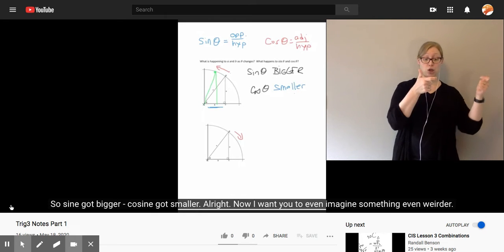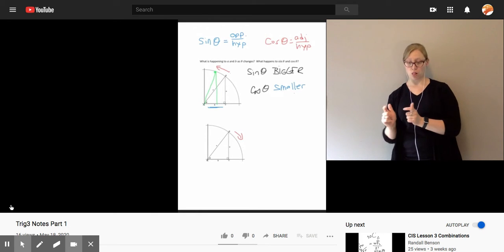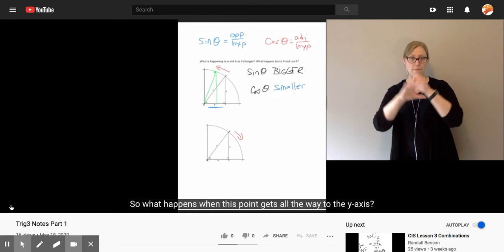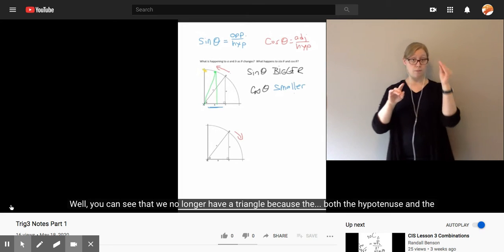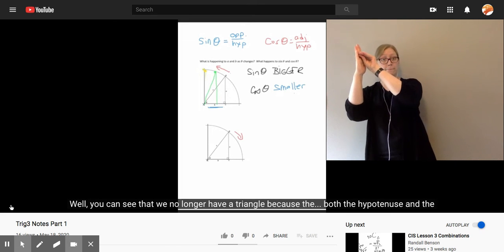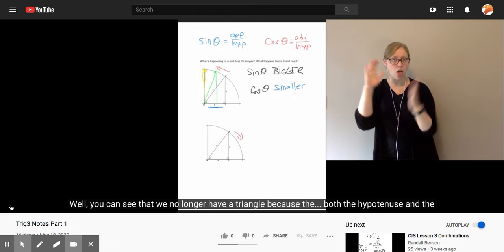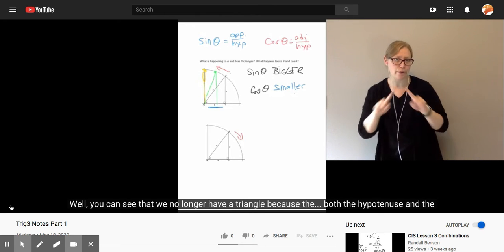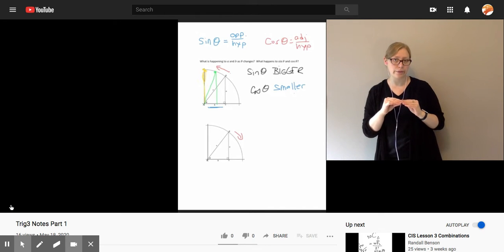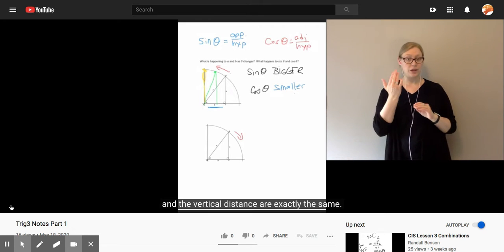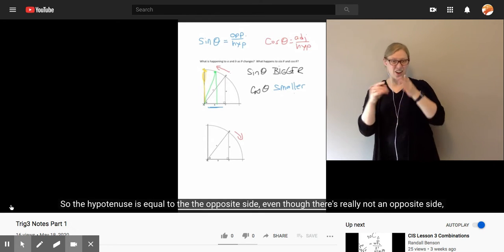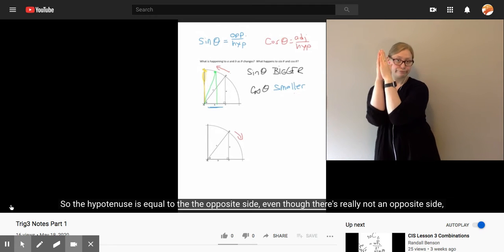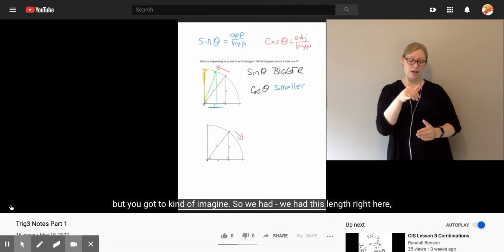All right, now I want you to imagine something even weirder. So what happens when this point gets all the way to the y-axis? Well, you can see that we no longer have a triangle because both the hypotenuse and the vertical distance are exactly the same. So the hypotenuse is equal to the opposite side, even though there's really not an opposite side, but you got to kind of imagine.